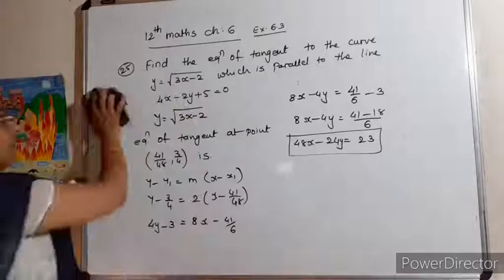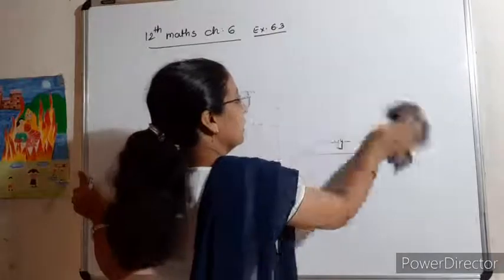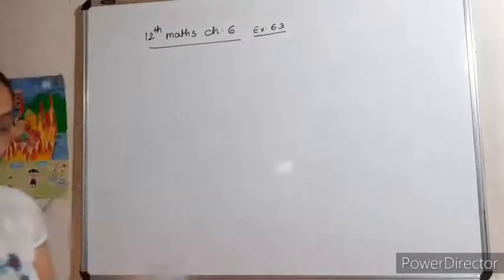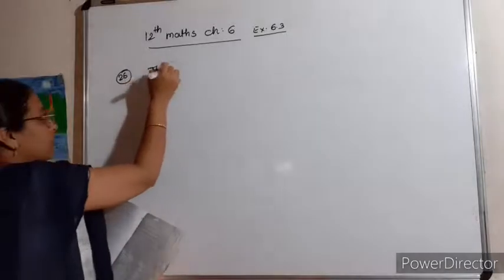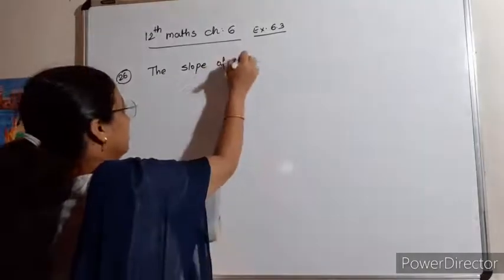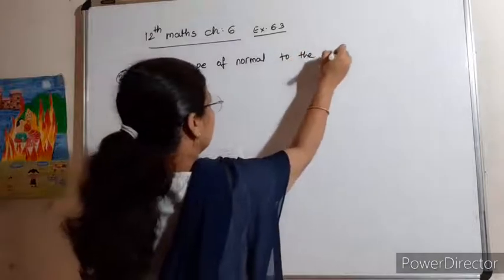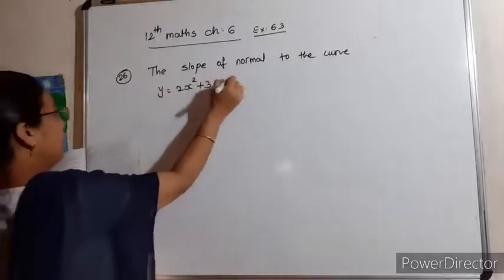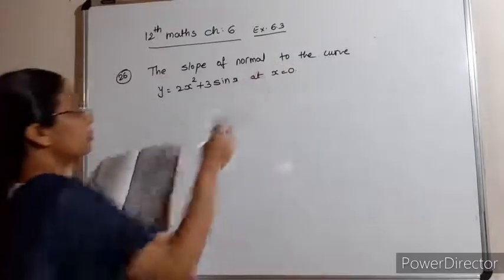Now there are two MCQs, 26 and 27. So we'll quickly do it. Then we'll do some extra sums for the tangent and normal. Now 26: slope of the normal to the curve y is equal to 2x square plus 3 sin x at x equal to 0.